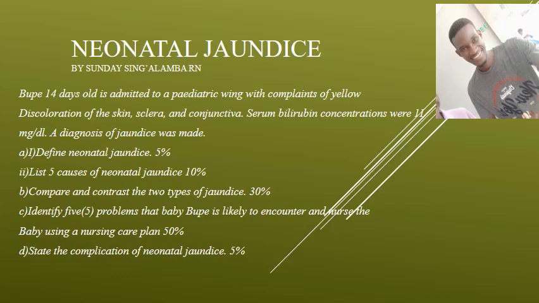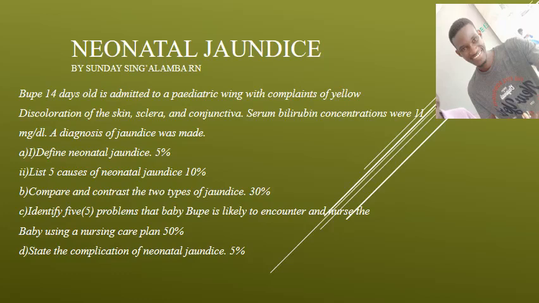That heme will be converted to bilirubin with the help of an enzyme known as heme oxygenase. That bilirubin will further be converted to unconjugated bilirubin with the help of an enzyme known as bilirubin reductase. It is very important that you know this enzyme.